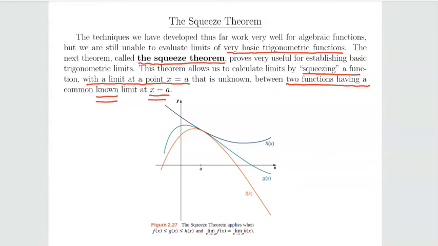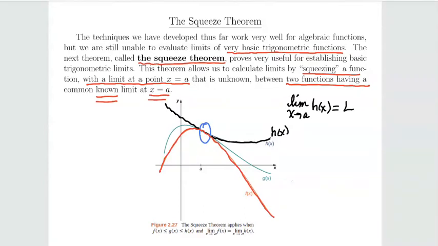Let's look at this. Here we have some function, let's say this is h of x, and that limit is known at x equal to a. So we could write that the limit as x approaches a of h of x is equal to that limit. That is known. Now here's another function, f of x. Notice all the values of f of x are less than h of x.